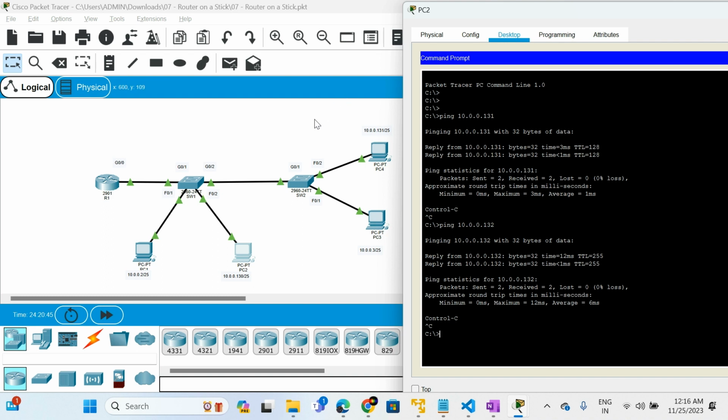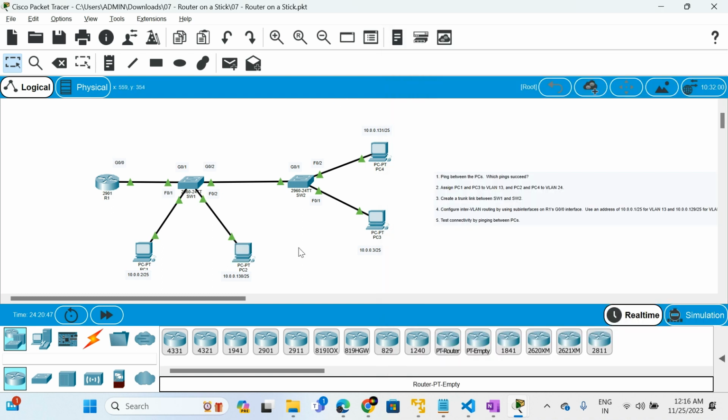This is how we configure router on a stick with VLANs enabled. As per the instructions, we have done pings between the PCs, and the pings succeeded between PC1 and PC4, and assigned PC1 to VLAN 13, PC3 to VLAN 13.